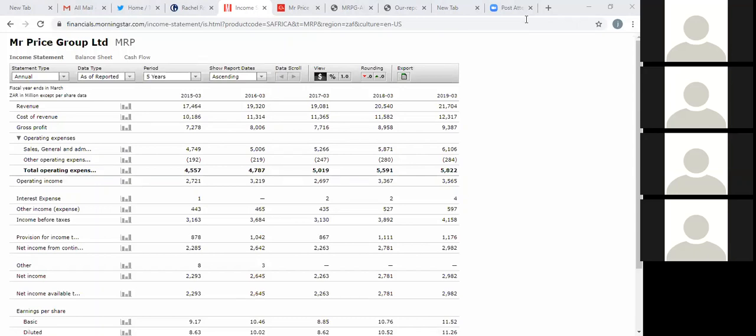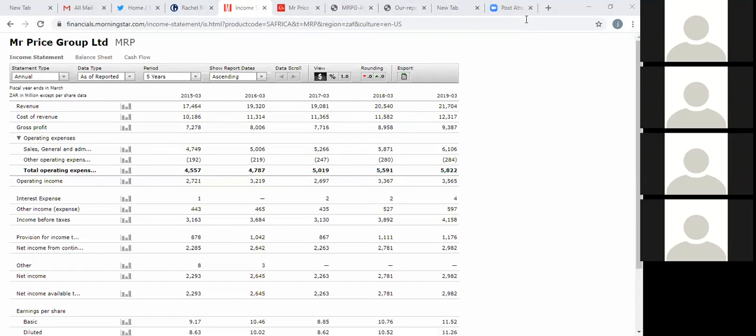I have a question, Super. In terms of the debt equity ratio, is there a relationship between debt equity ratio and shareholders return? More especially if you're determining which company to choose.